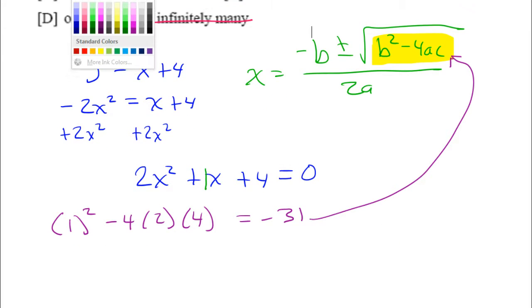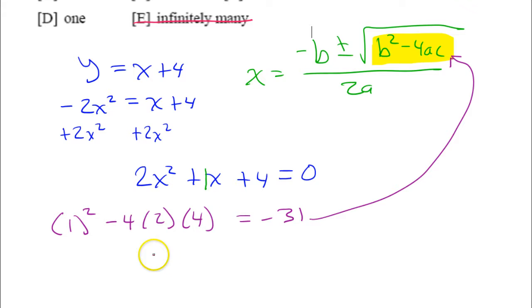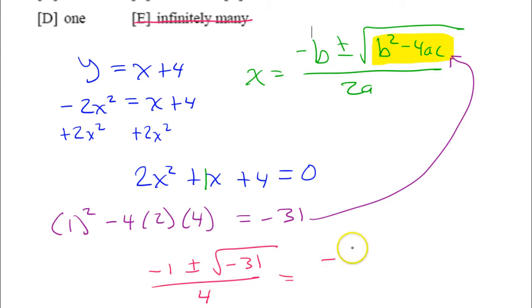So if I go to do the rest of the problem, you know, with the whole opposite of b business, that would be negative 1 plus or minus square root of negative 31 all over 2a. 2 times 2 is 4. But what happens when you put a negative under a radical? You get imaginary numbers. So I'm going to have negative 1 plus or minus i radical 31 over 4.